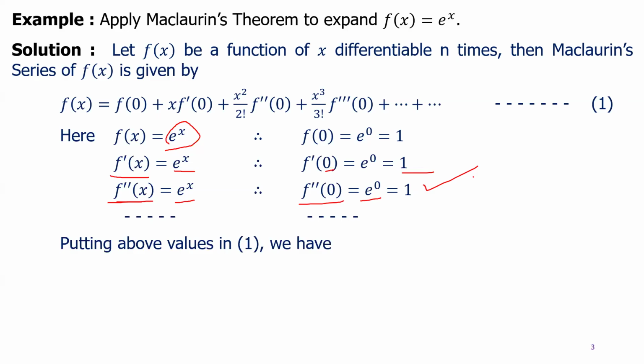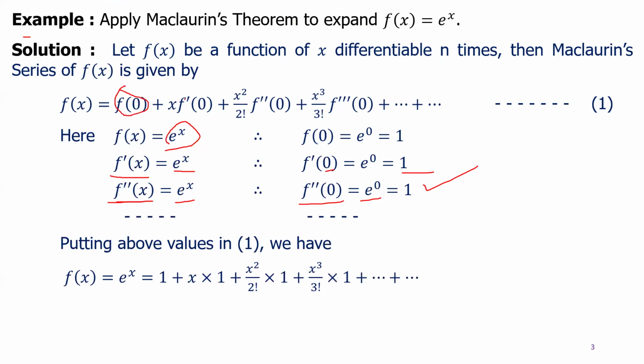Putting the above values in equation number 1, f of x is equal to e to the power x, which is equal to f of 0, which is nothing but 1. f dash of 0 is 1, f double dash of 0 is 1, f triple dash of 0 is 1, f 4 dash of 0 is also 1, all are equal to 1.